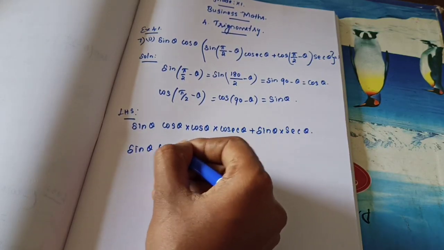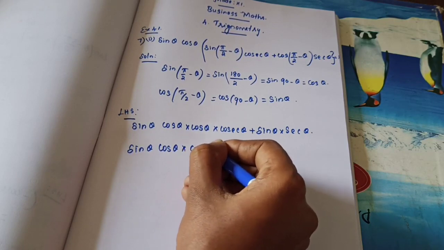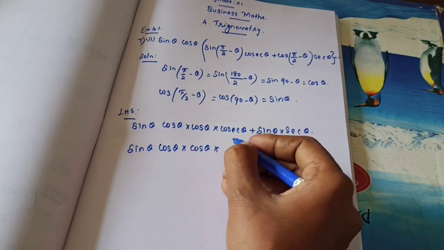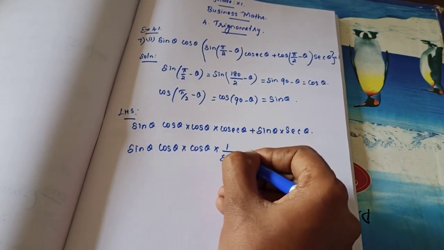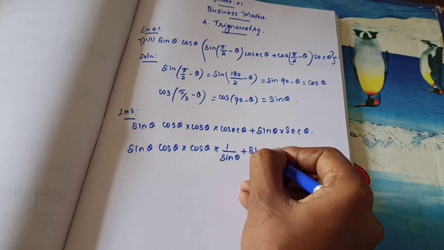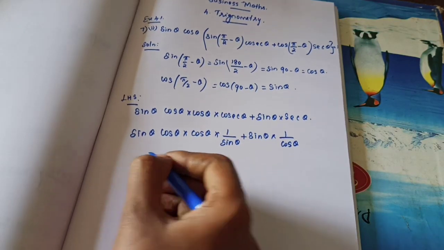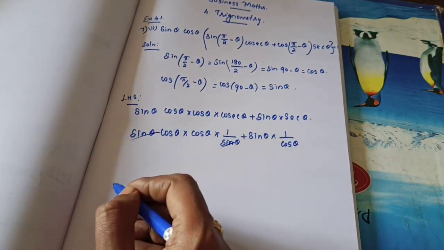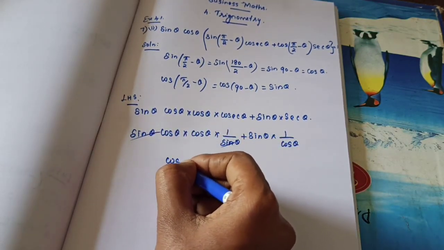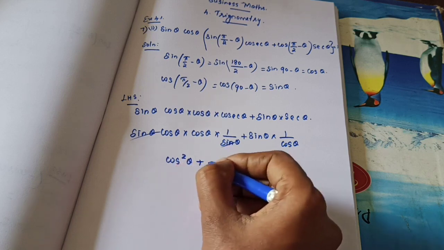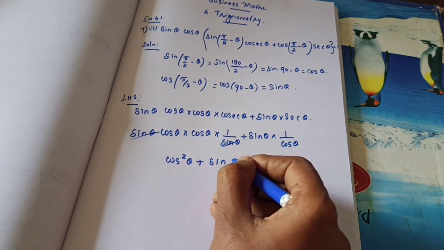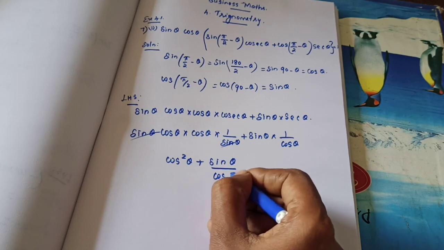Sin theta cos theta into cos theta into cosecant, how will you write? 1 by sin, plus sin theta into secant, how will you write? 1 by cos. Okay, so the sin and sin will get cancelled. So what's the balance? Cos square theta plus sin theta by cos theta.